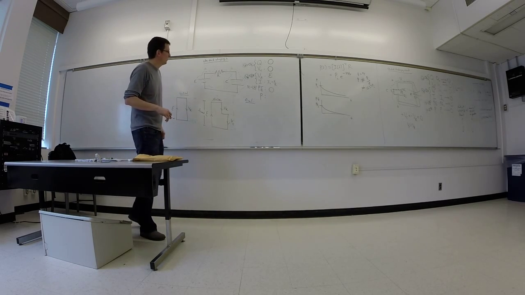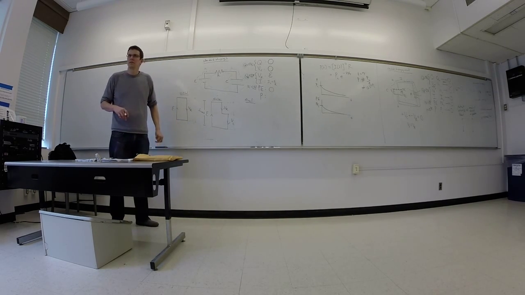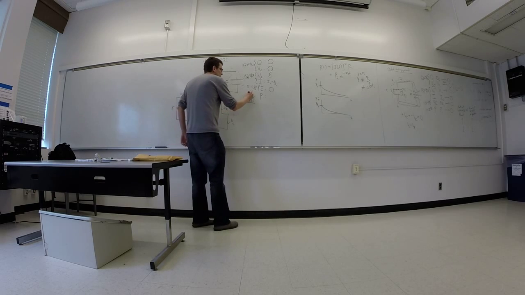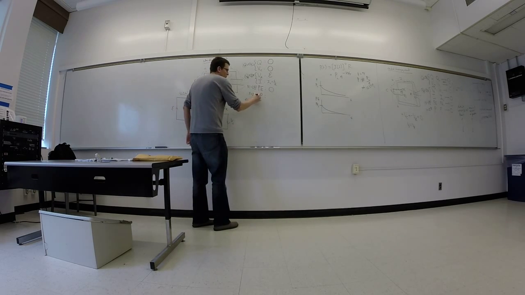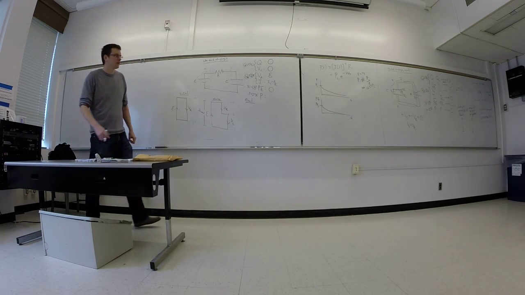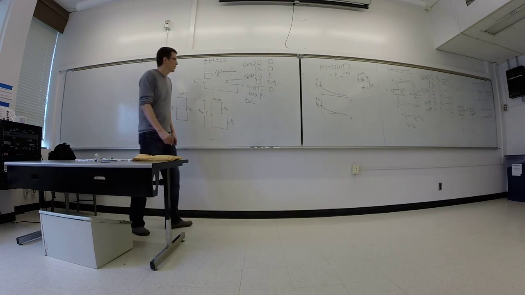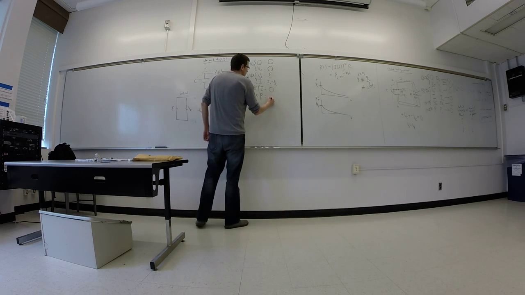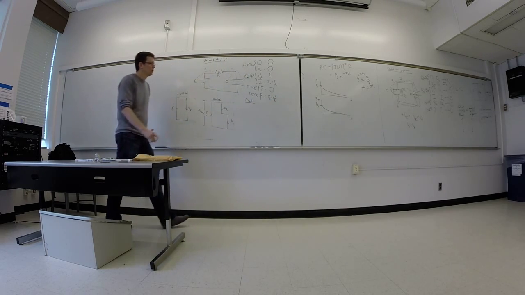Are we going to have power dissipated in the resistor? Remember, that goes as the current. So if you have a surge of current through the resistor, you're going to have a lot of power. In fact, the initial amount of power is going to be tremendous. It's going to be the largest it ever is. You can plug in the current if you want, and you get that.